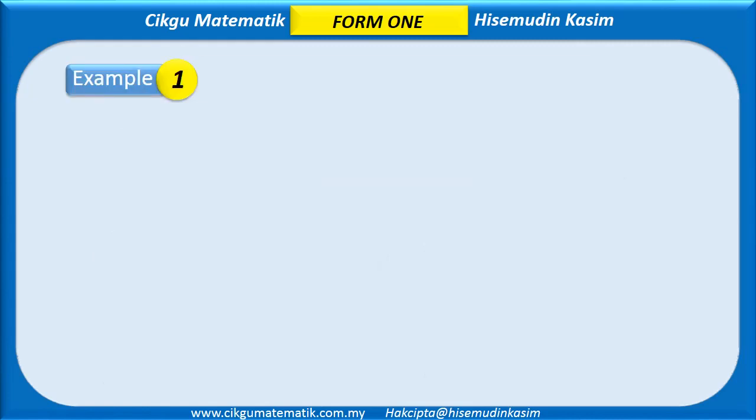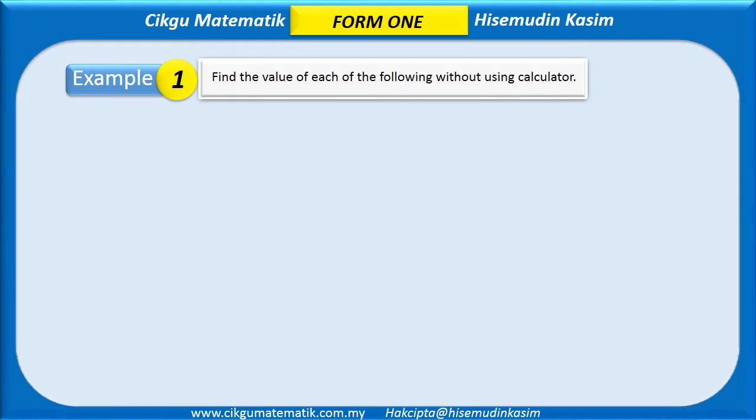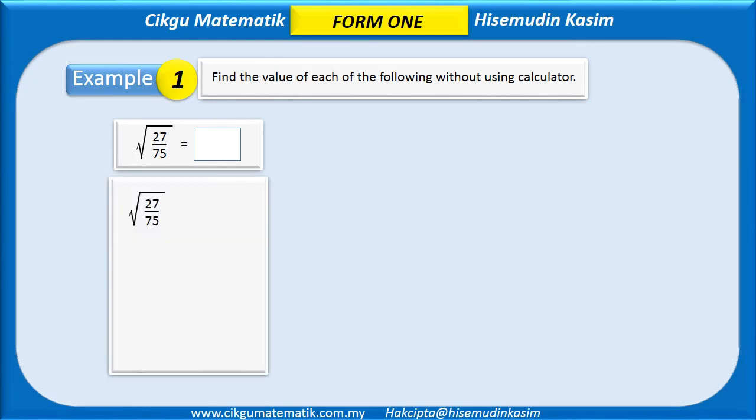Example 1. Find the value of each of the following without using a calculator. The square root of 27 over 75. Simplify the fraction first.